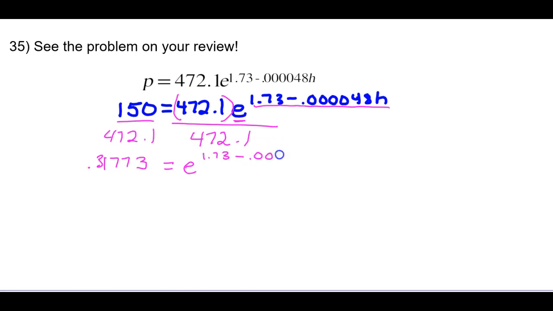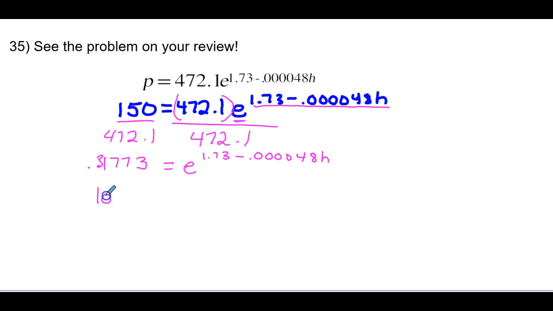Some of you may remember from that video we watched the first day that logarithms and exponential functions are a way of dealing with very small and very large numbers. So here's some of those very small numbers. Now I'm down to a basic exponential equation, and I want to solve for h. Since I just have a base with an exponent on the right and a number on the left, I'm going to change to log form.